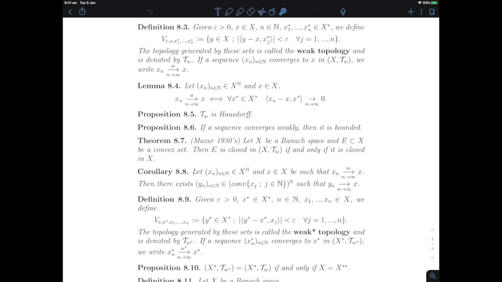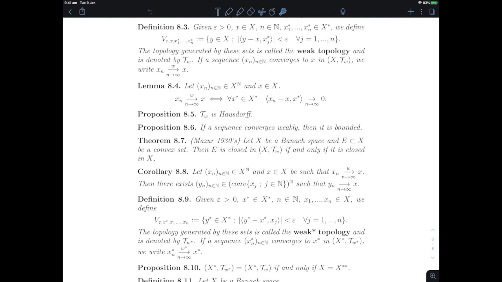But that only happens in that situation. In general, what we have is that X can be identified with a proper subspace of X double star, and therefore we are testing here on fewer objects than if we were using X double star. And because we test on fewer objects, we have fewer neighborhoods, we have a weaker topology.